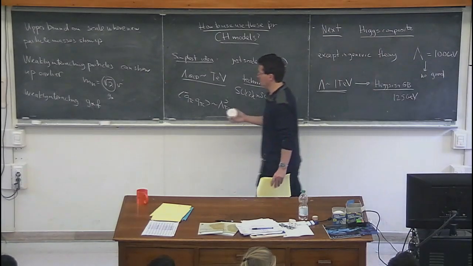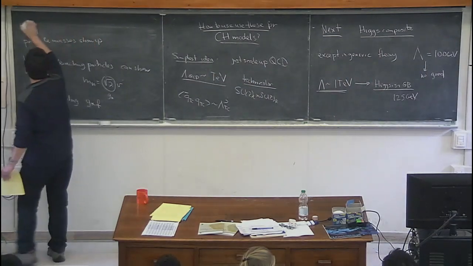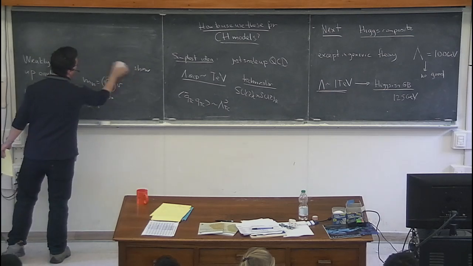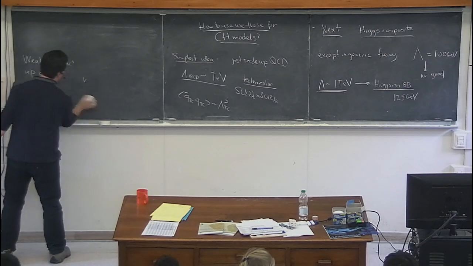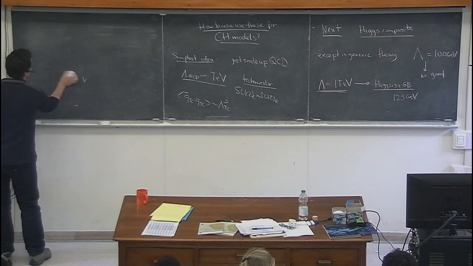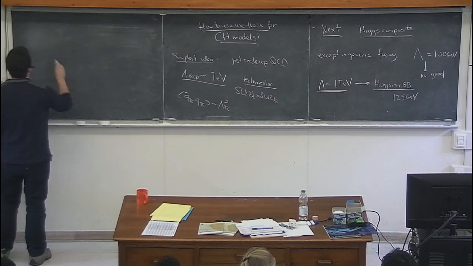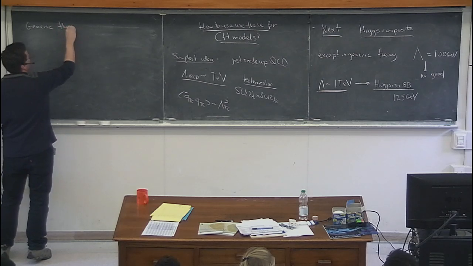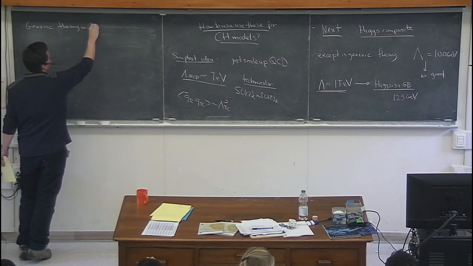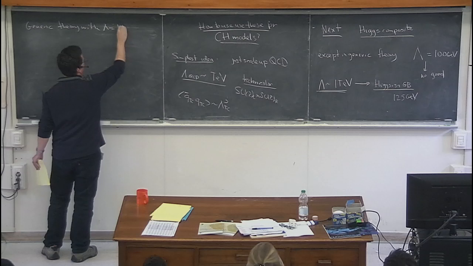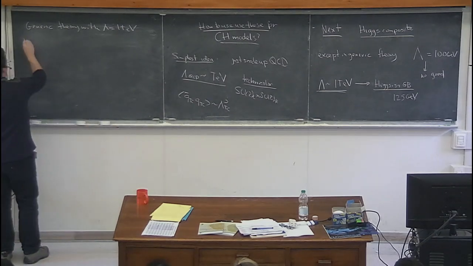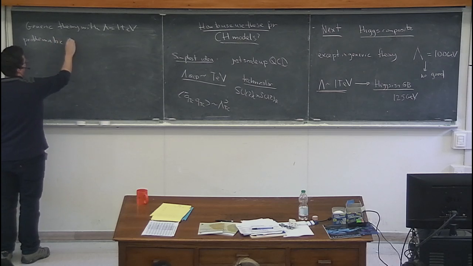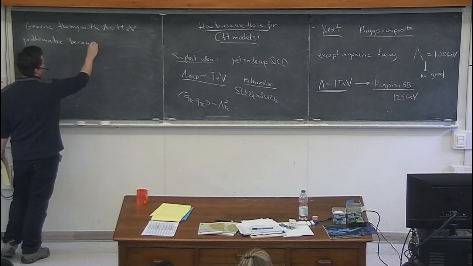Okay, so a generic theory with lambda equals 1 TeV is problematic because of electroweak precision tests.